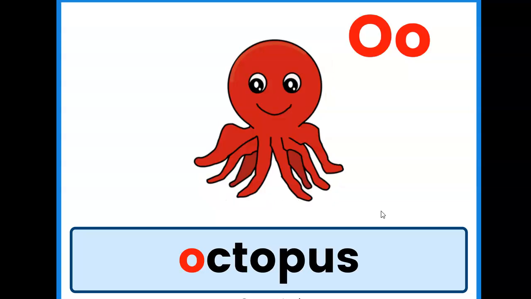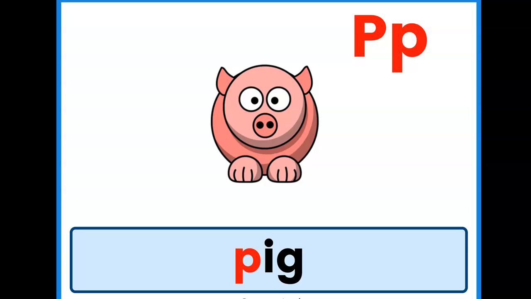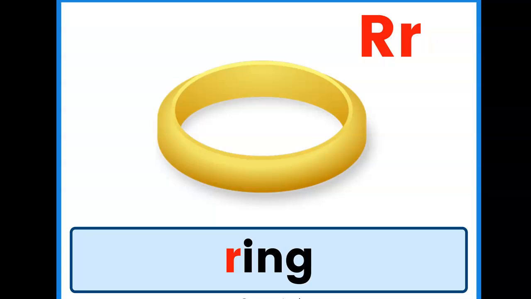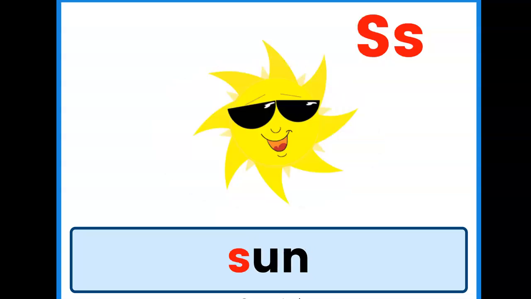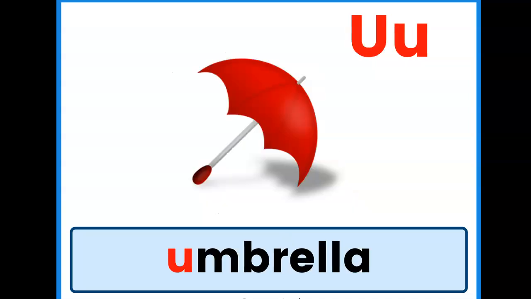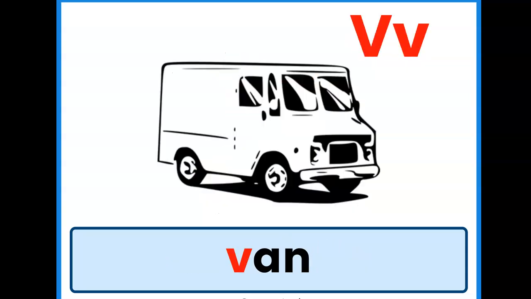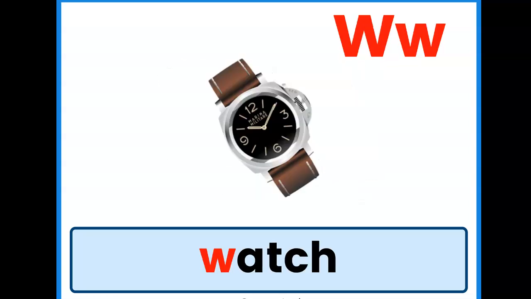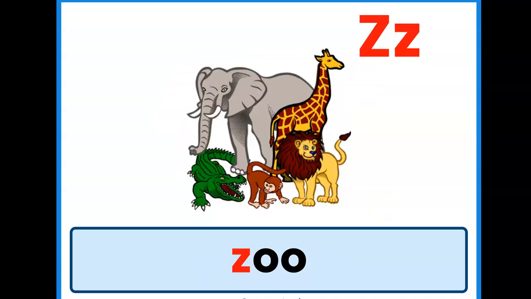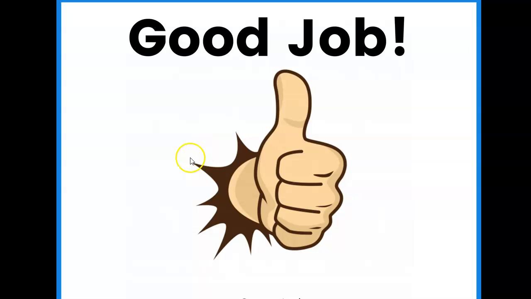N, nose. O, octopus. P, pig. Q, queen. R, ring. S, sun. T, train. U, umbrella. V, van. W, watch. X, box. Y, yellow. Z, zoo. So, good job, guys.